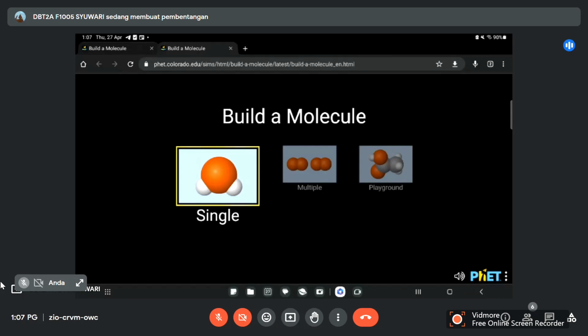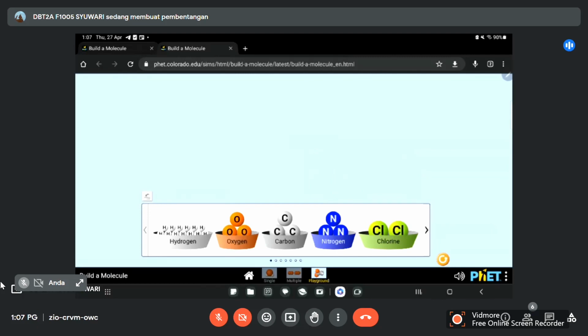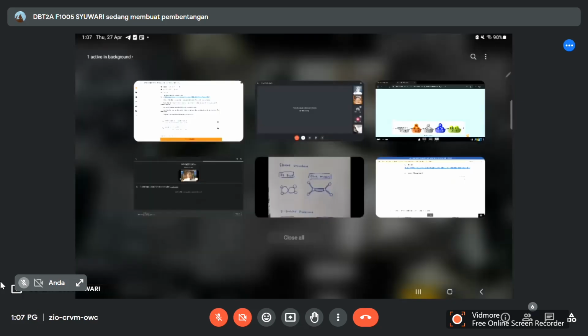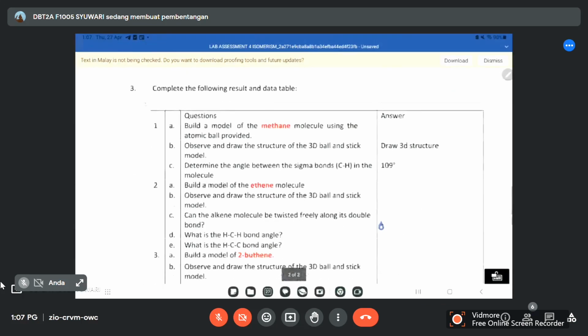So in the procedure, we must choose a playground. We choose the playground, and then we can go to the experiment questions. We must answer the questions of the experiment.